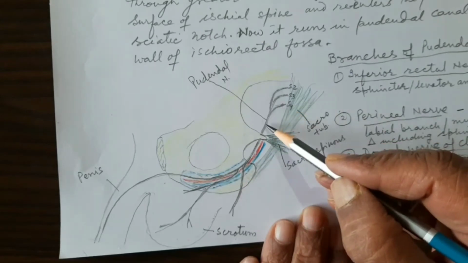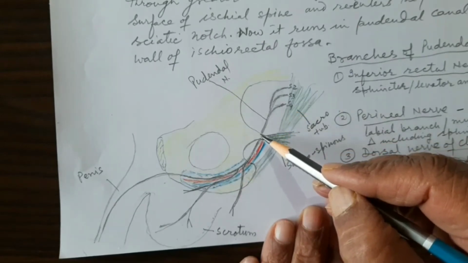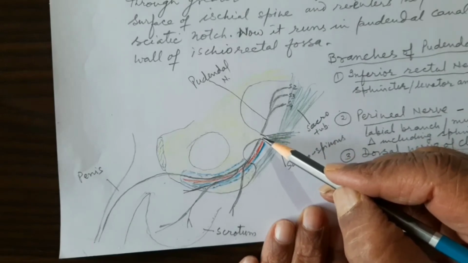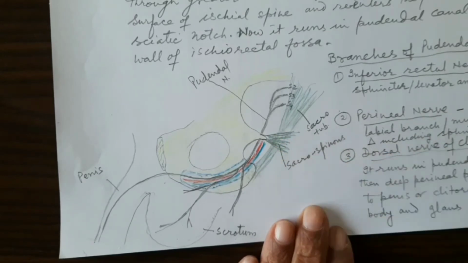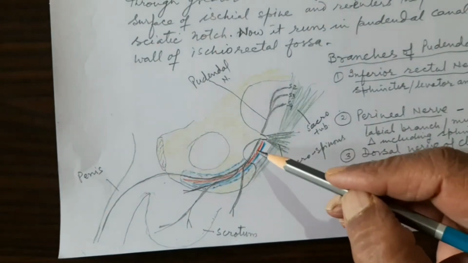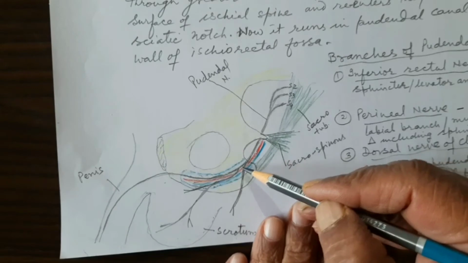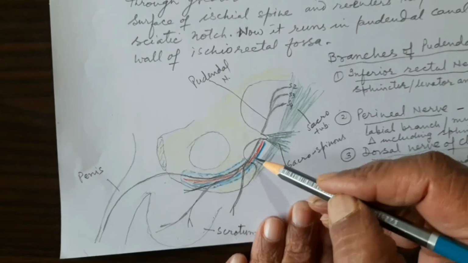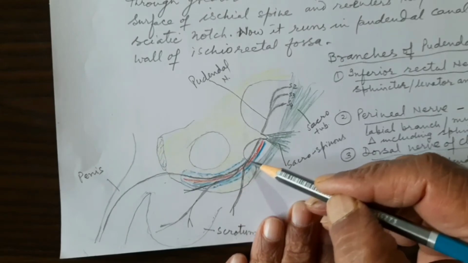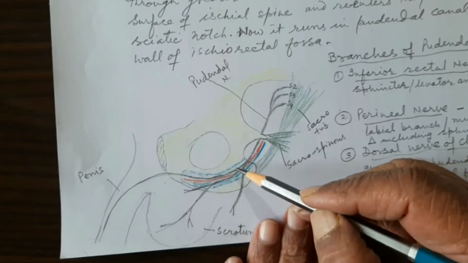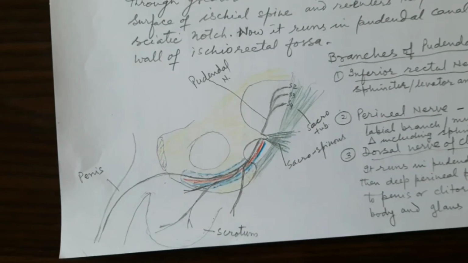So from the greater sciatic foramen it goes into the gluteal region, where it lies posterior to the ischial spine. Once again it comes to the pelvis through the lesser sciatic foramen, and as soon as it comes here it passes into the pudendal canal.